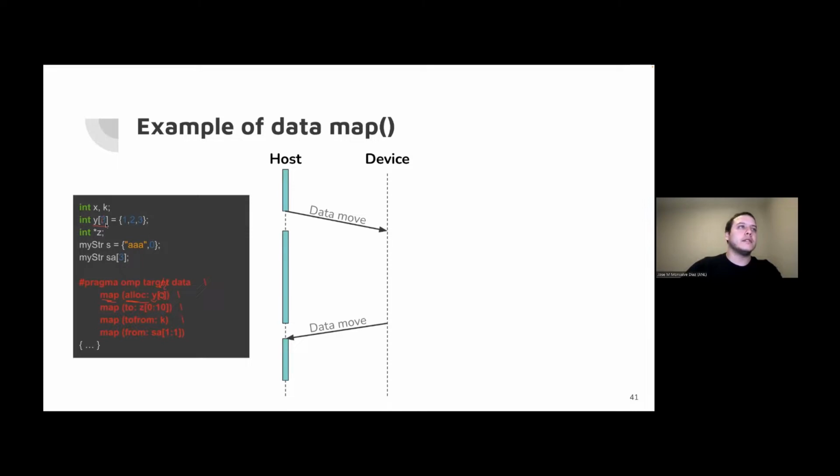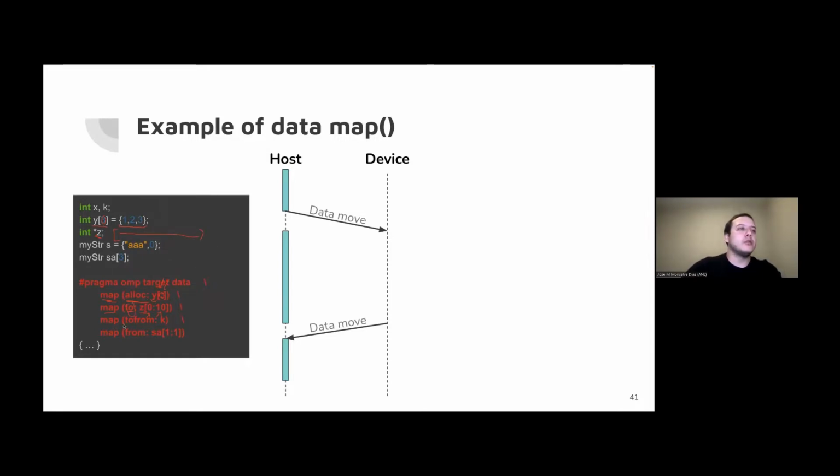And because the length is known, then it will be allocating all of these elements. I have a map to from Z, which is a pointer, and I'm going to go from the 0 position 10 elements, right? So I'm going to take 10 elements of this array, and I'm going to copy them over because I have a to.